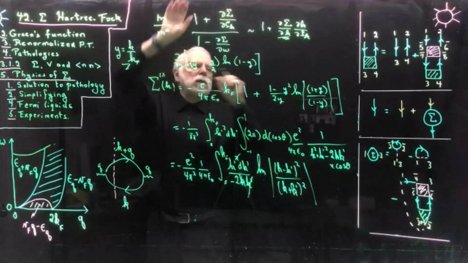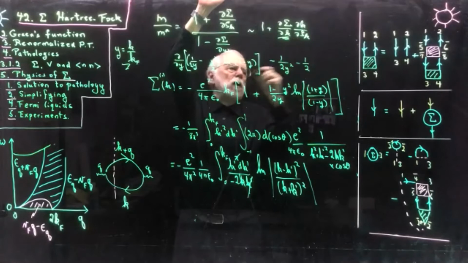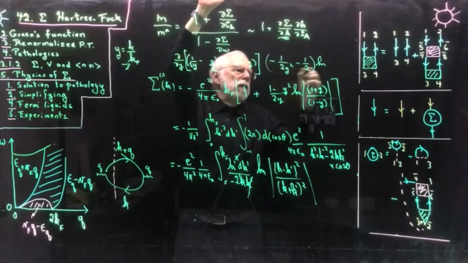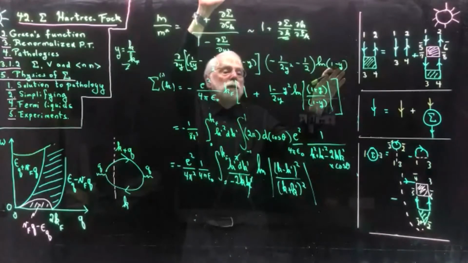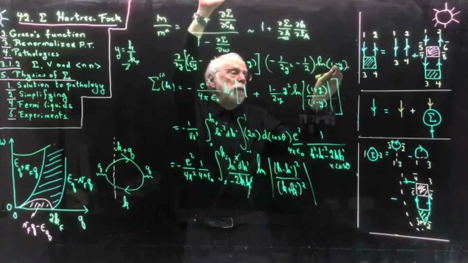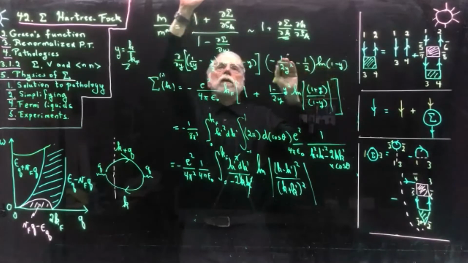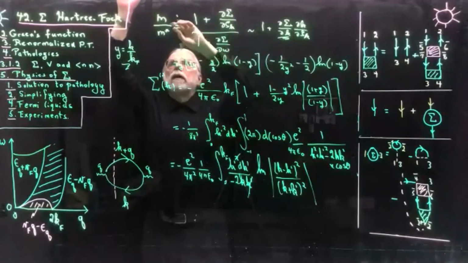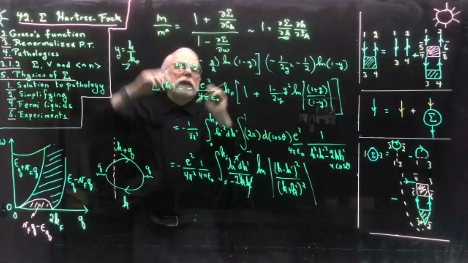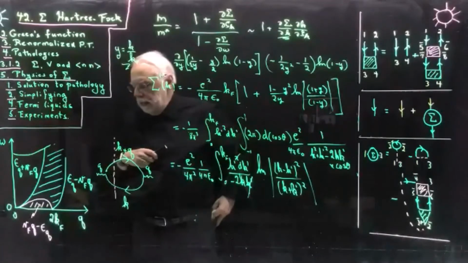When I differentiate, it will give you 1 minus 1 over 2y squared minus 1 over 2. And then I have the log of 1 minus y. So when y equals 1, this is finite, but this goes to minus infinity, or to plus infinity. Okay. So here I have 1 over m star, so it means that m star goes to 0. So this is the problem I have.